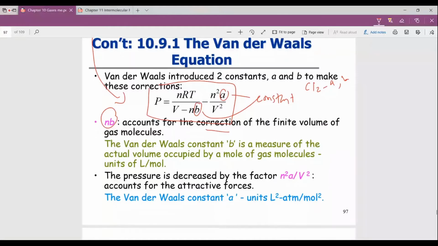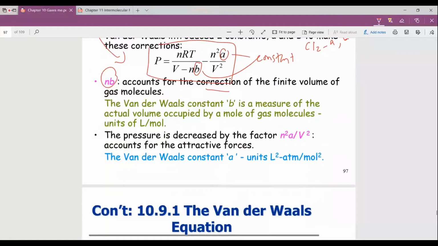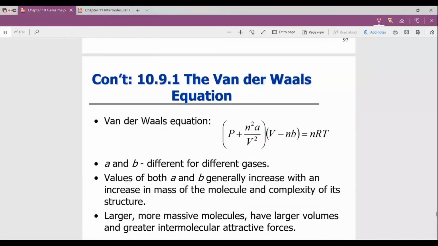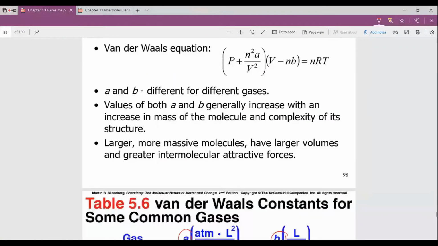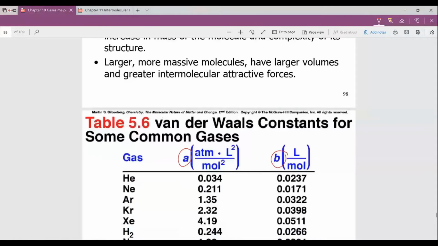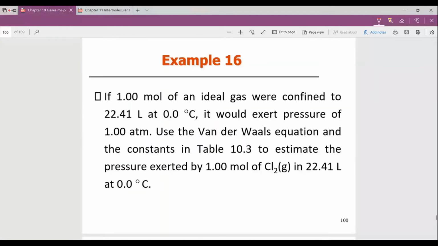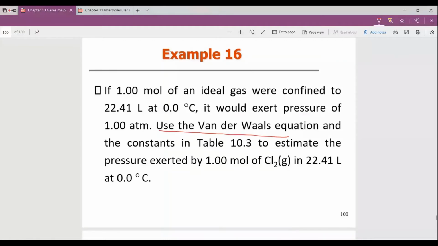Okay, let's look at an example. Using the van der Waals equation, P equals nRT over (V minus nb) minus n squared a over V squared.